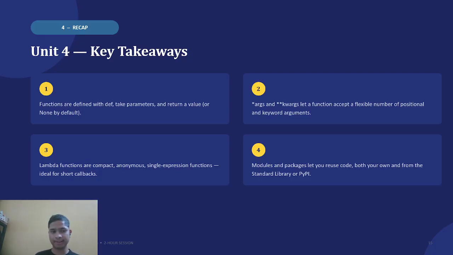So here we have a recap of what we have learned in this unit. We have learned about functions that are defined with def, which take parameters and return a value or None by default. We have learned about **kwargs and *args, which let a function accept a flexible number of positional and keyword arguments. And then we have lambda functions, which are compact, anonymous, single-expression functions, ideal for short callbacks.